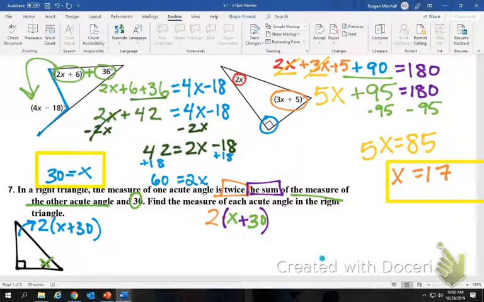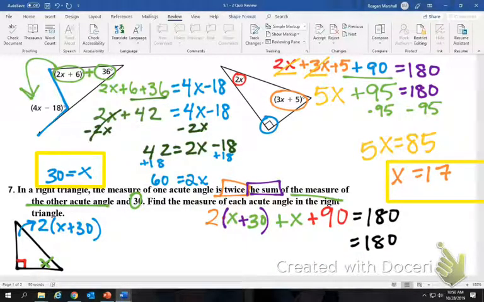So we got 2 times x plus 30 plus x. What's my third angle? 90. Good. And it equals 180. Distribute. We got 2x. 2 times 30 is 60.